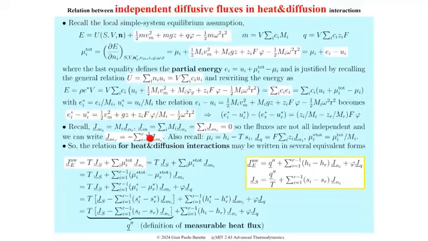And we can introduce this idea into the expression that we need for the heat and diffusion interaction. Because there we have the sum, and in this sum we have all the fluxes playing. But we have to also make a system with this other relation between fluxes.